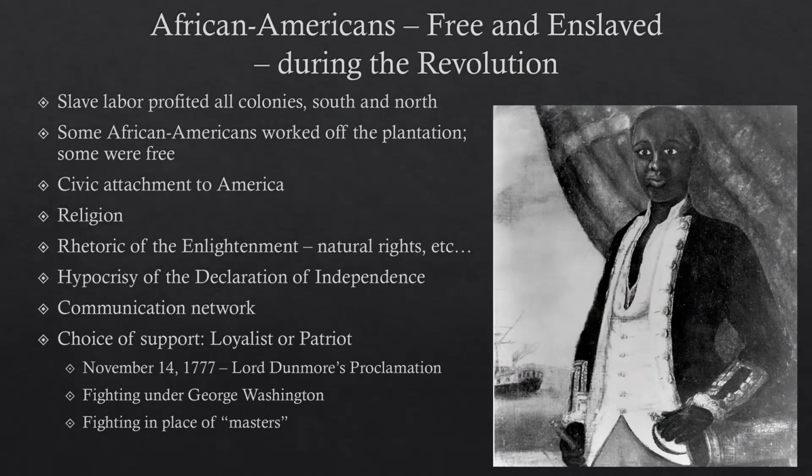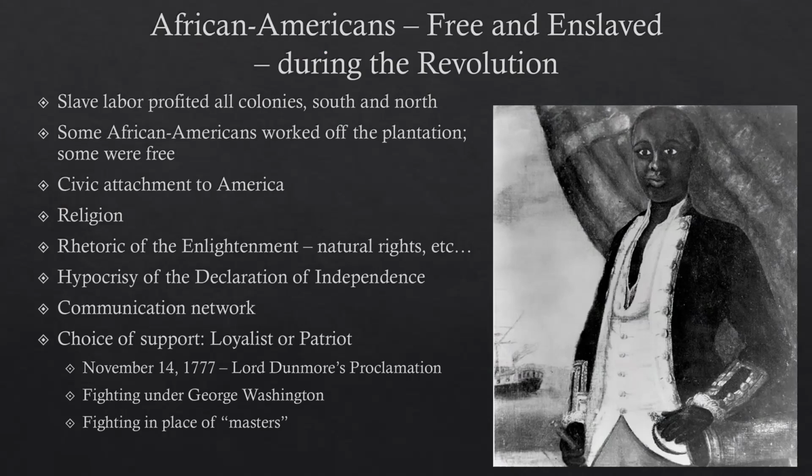Some slaves, though, and this is the last bullet point, were forced to fight. They were required to do that in the place of their so-called master, or sons of the masters. So if a rich plantation owner didn't want his own son to go and fight, he could send a slave instead. So double unfairness there.